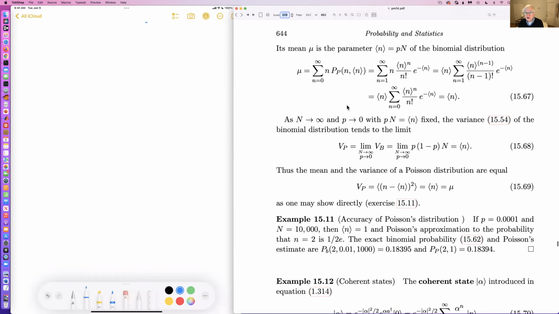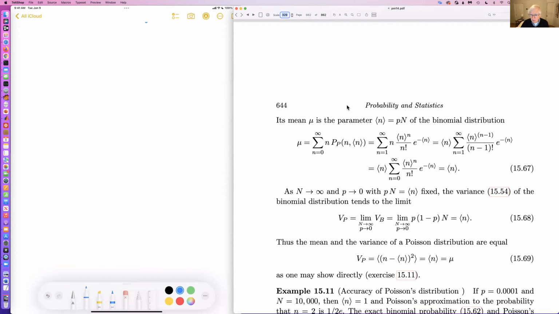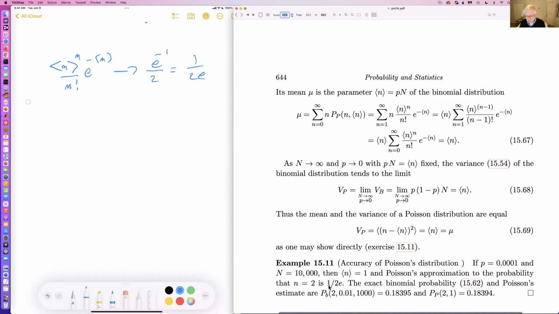And maybe I should show you why that's the case. If we go back to Poisson's, the probability is n average to the n over n factorial e to the minus n average. And here we're saying that n average is equal to 1 and little n equals 2. So this goes to e to the minus 1 over 2, which is 1 over 2e, which is this expression here.